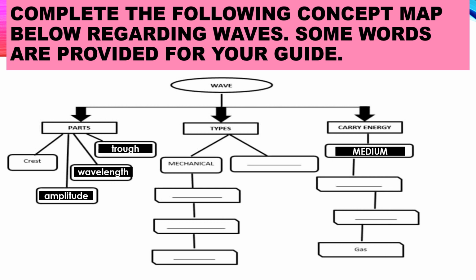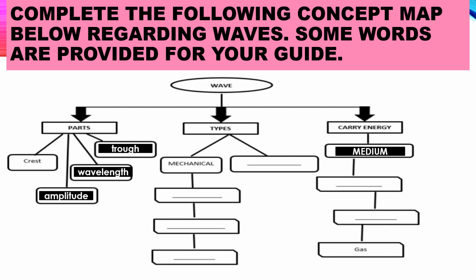So let's proceed with the types. Waves have 2 types. First is mechanical, and under mechanical we have 3 types of mechanical wave. I repeat, when we say mechanical wave, these are the waves that require a medium to transfer. And we all know that waves can transfer only through vibration.